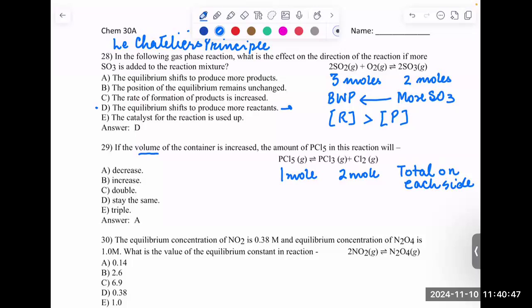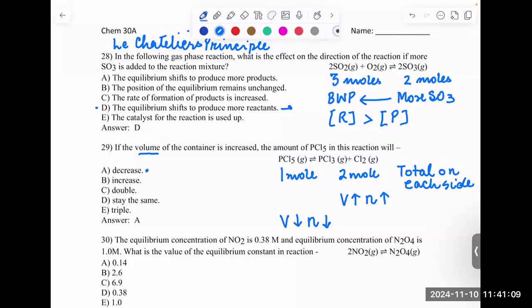If the volume of the container is increased, the reaction moves in the direction where there are more moles. If the volume decreases, the reaction is going to move in the direction where there are fewer moles.